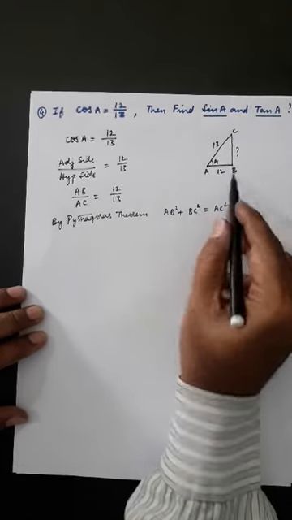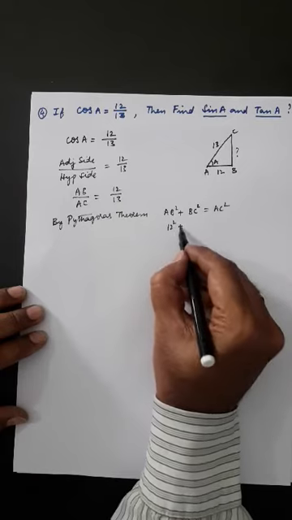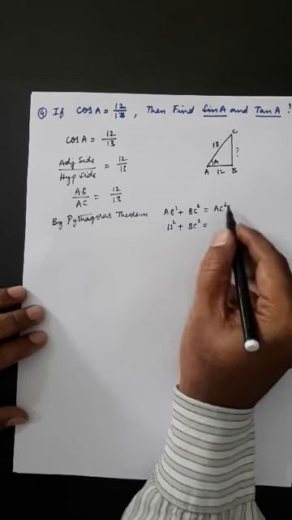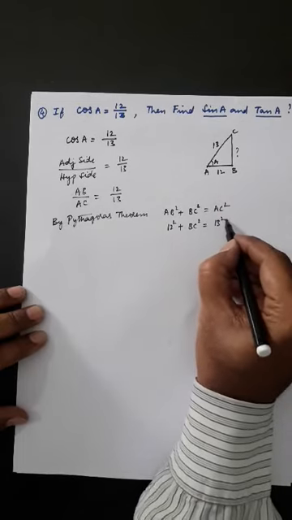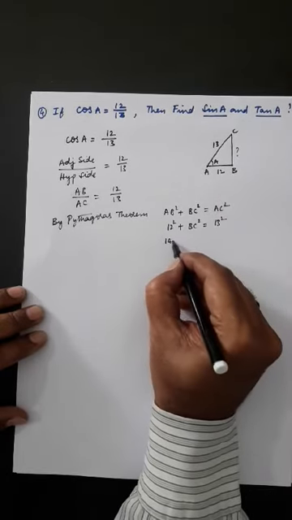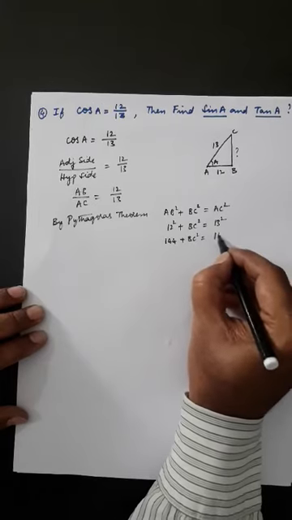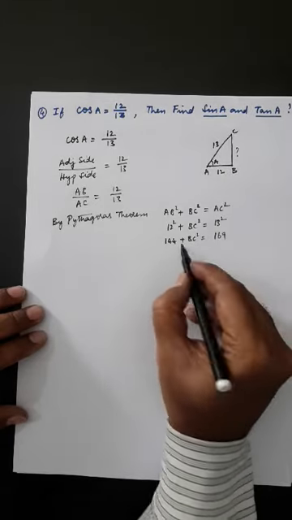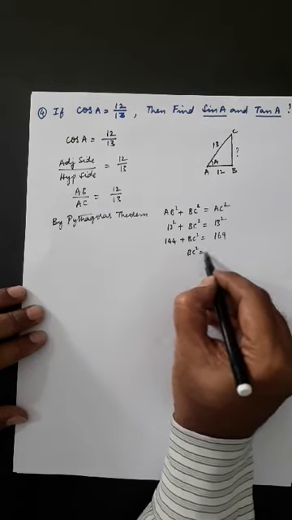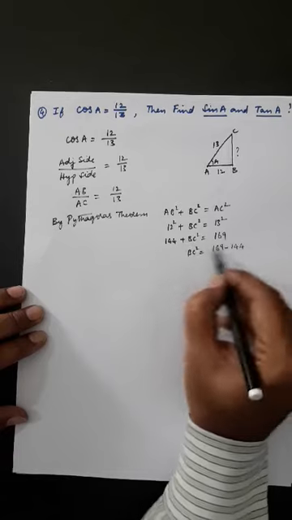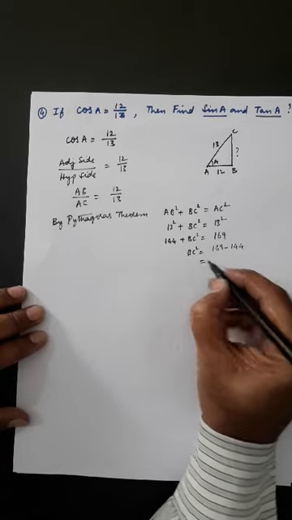AB square is 12 square plus BC we need to find out, and AC is 13 square. So 12 square is 144 plus BC square, 13 square is 169. So BC square equals 169 minus 144. If we bring 144 to this side, how much is this?